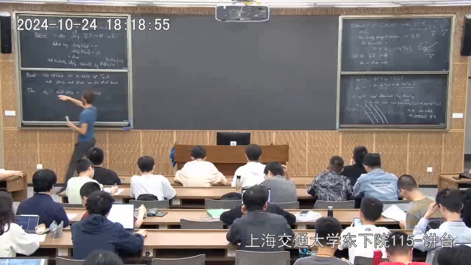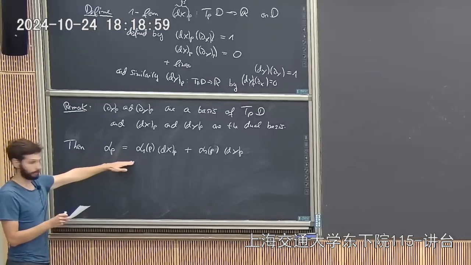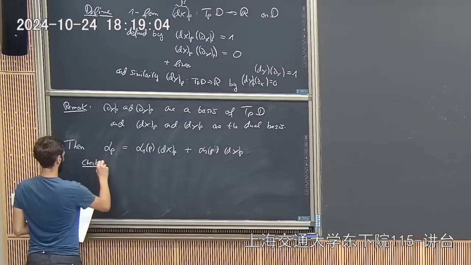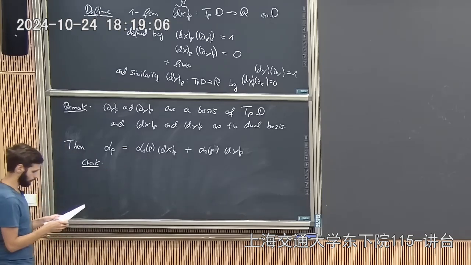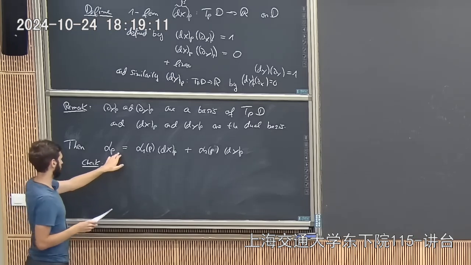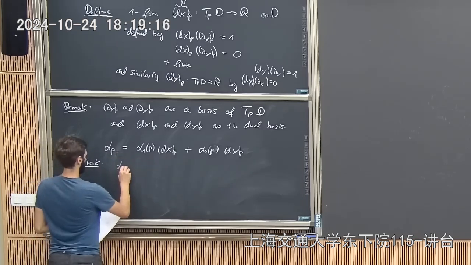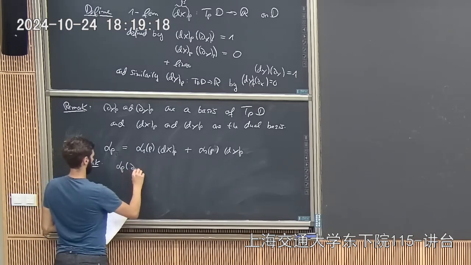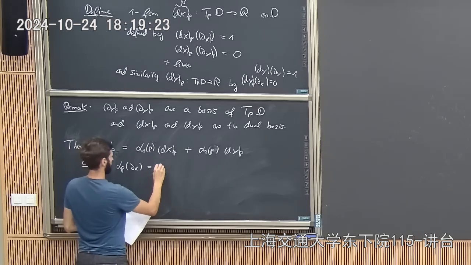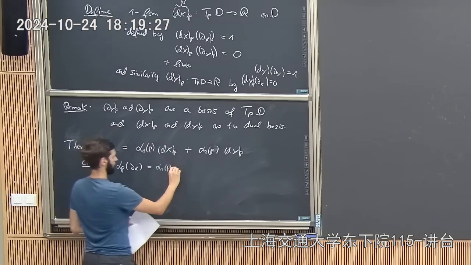So we have this equation also, I claim. So we have to check that equation. What we have to check is that if you plug in the partial x and partial y, we get the same result from the right-hand side and from the left-hand side. So we plug in the partial x.